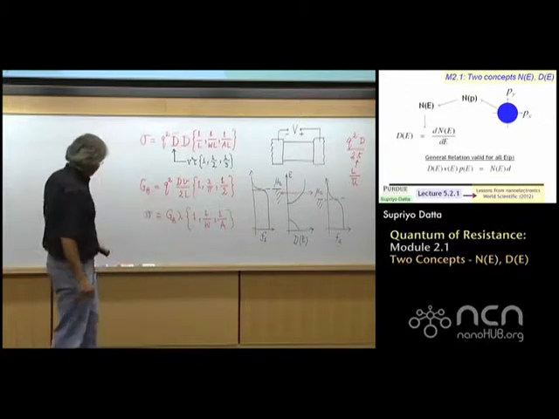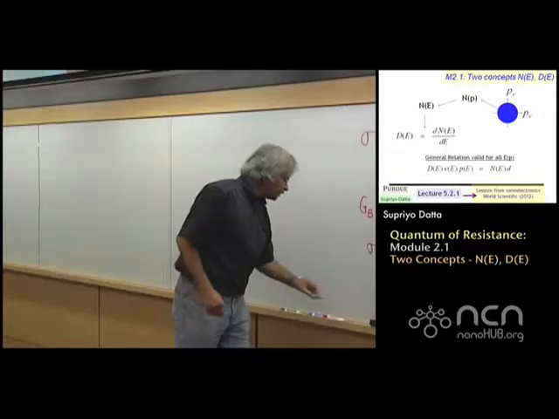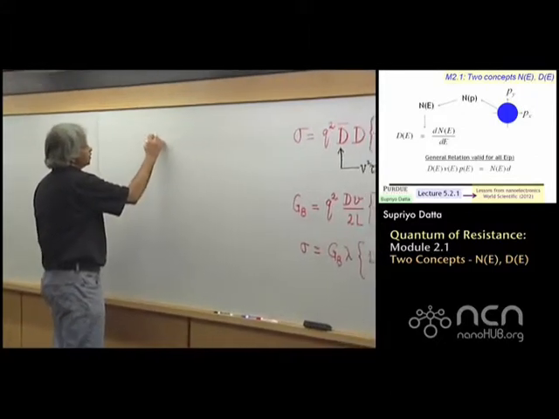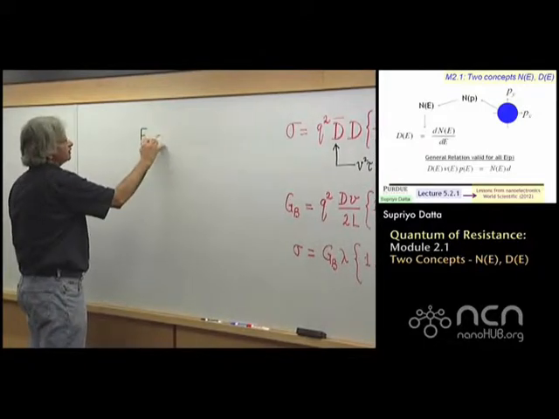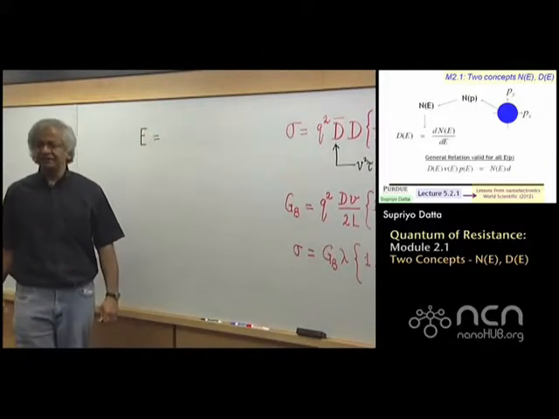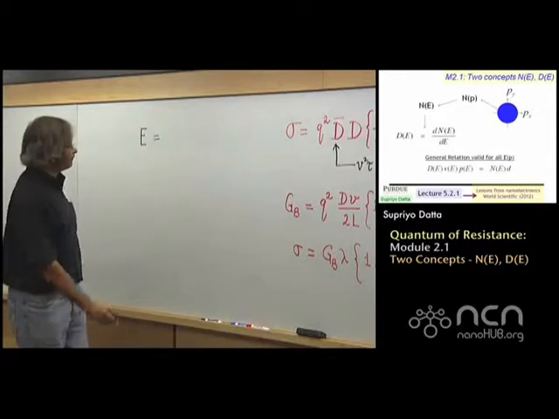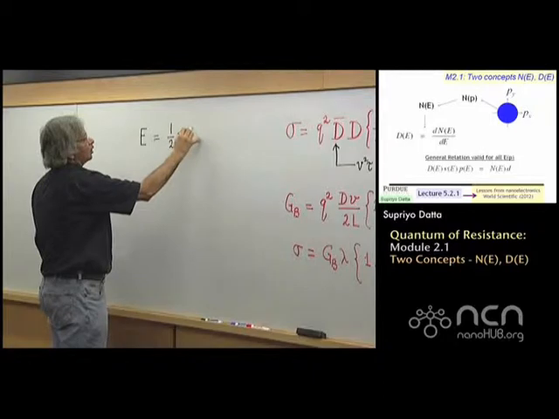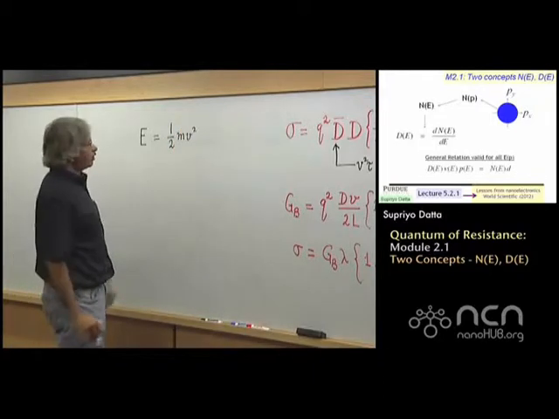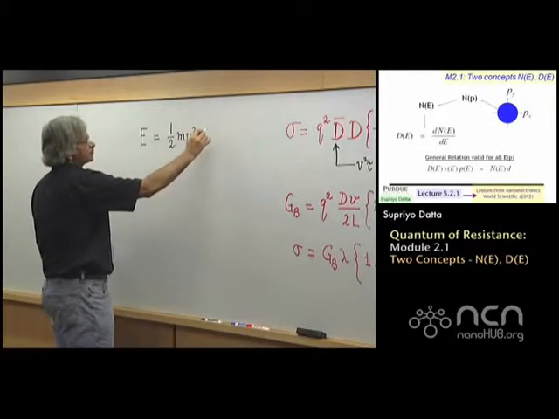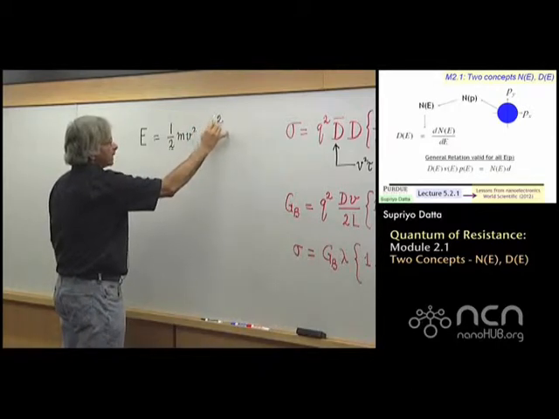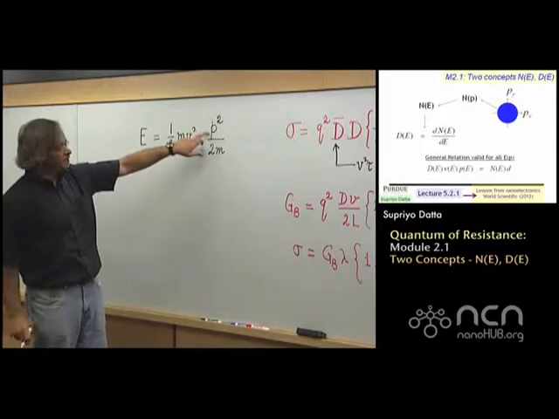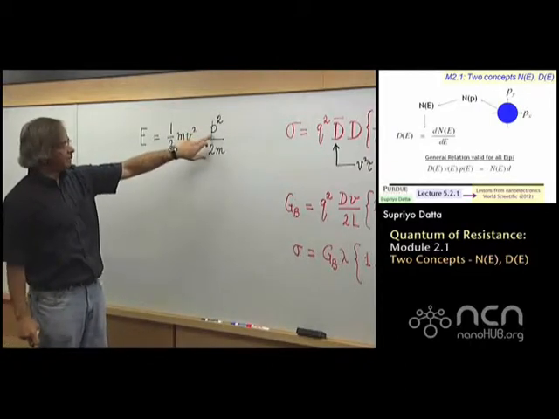So let me explain what I mean by that a little more. When you have electrons in vacuum, as you know, electrons just have kinetic energy, which you'd usually write as half mv squared. Or actually more generally, and that's the form I'll be using, instead of half mv squared, we'll use p squared over 2m, where p stands for momentum, that is mv.